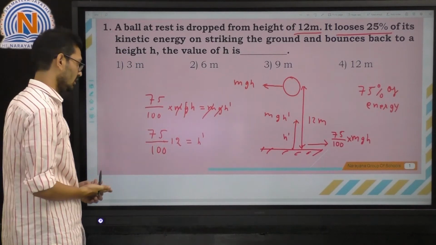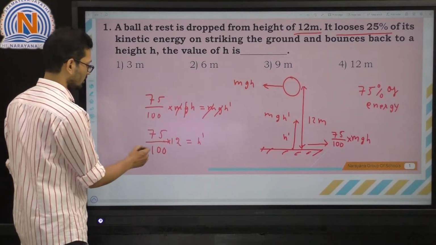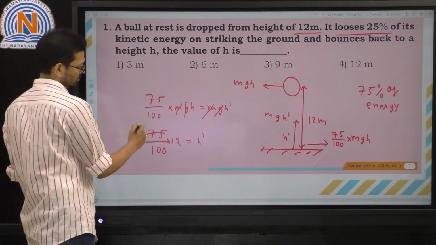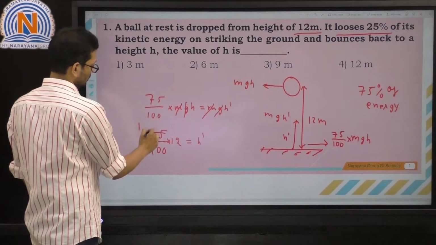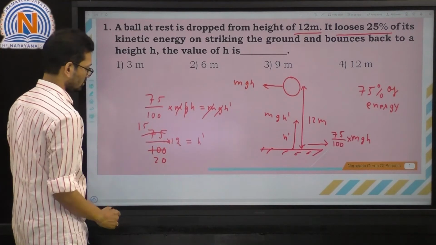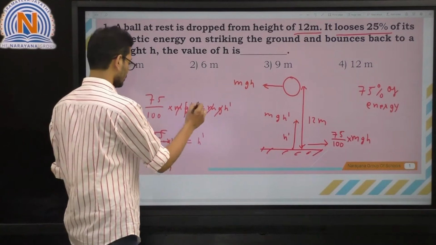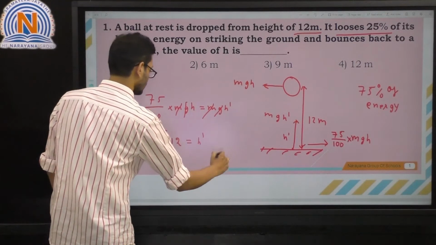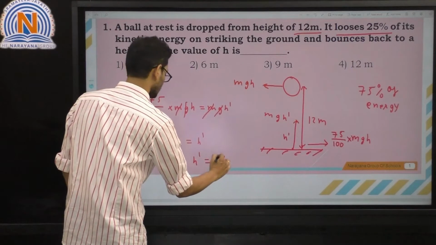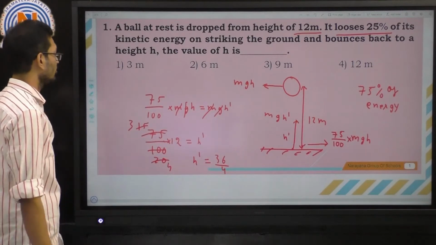Now I want h dash. If you try to solve this, 75 by 100 simplifies, and you will get h dash is equal to 36 by 4.